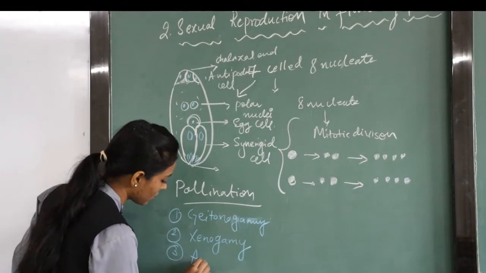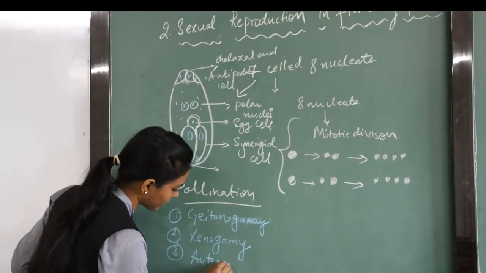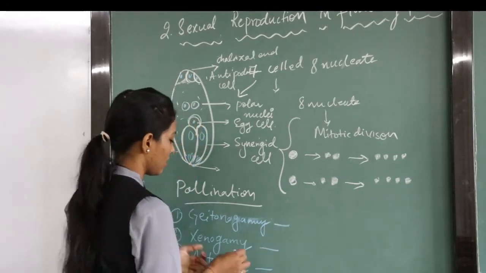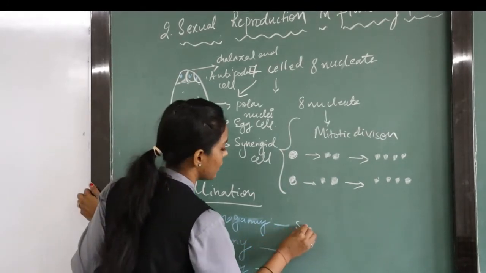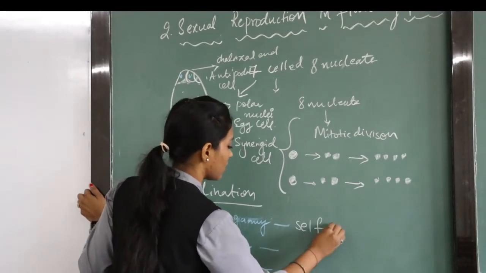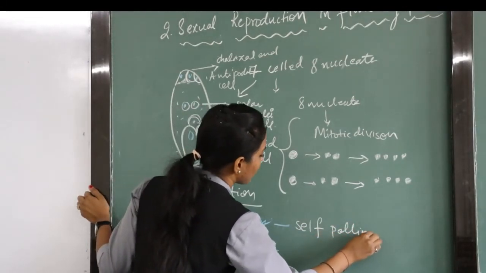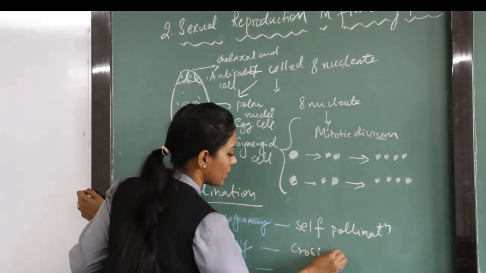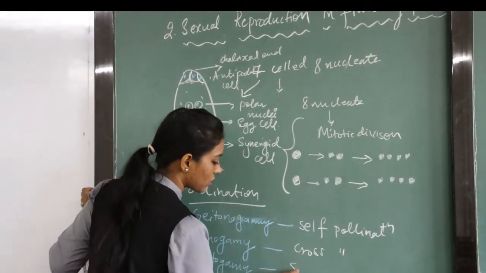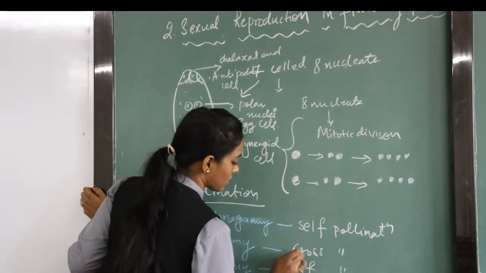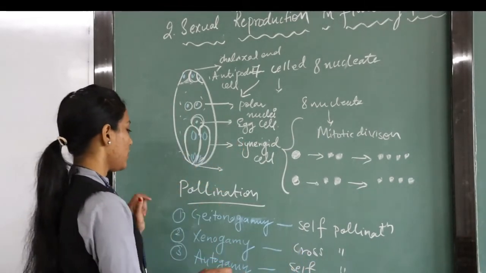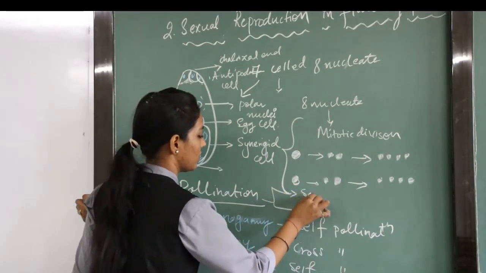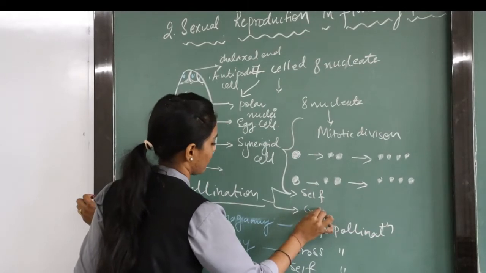Today we will see autogamy. These are types of self-pollination as well as cross-pollination. Xenogamy belongs to cross-pollination and autogamy belongs to self-pollination. In pollination we have seen that it is subdivided into two types, that is self and cross.